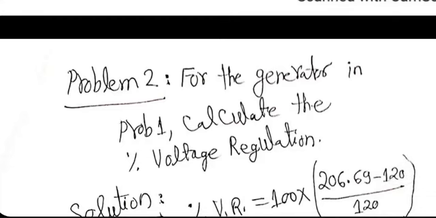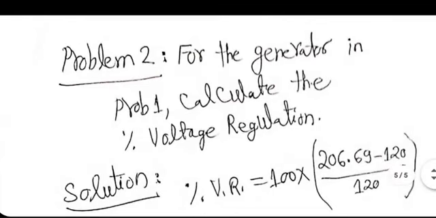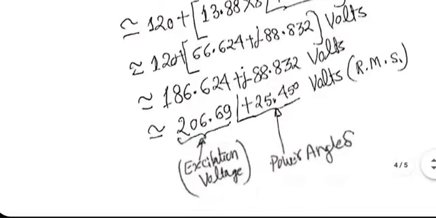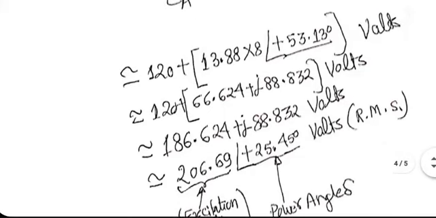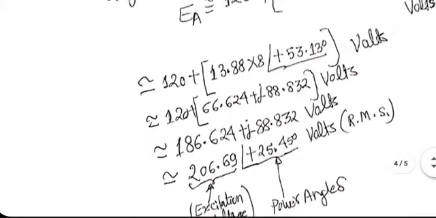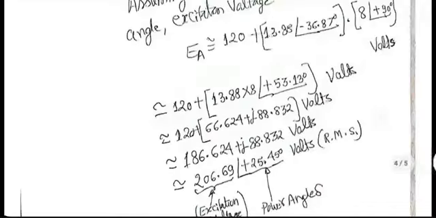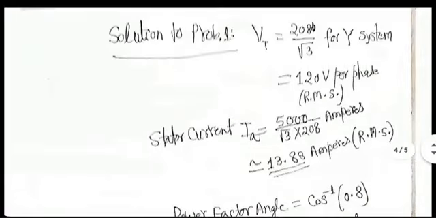Now, second problem. For the generator in problem 1, calculate the voltage regulation. It's not that difficult, I hope. No load voltage will be simply the magnitude of EA, 206.69 volts. Full load voltage is 120 volts.